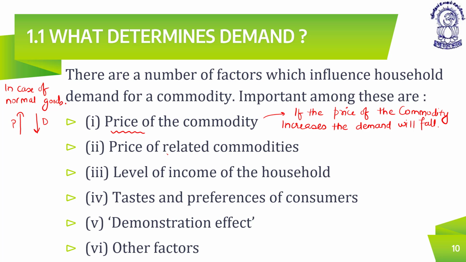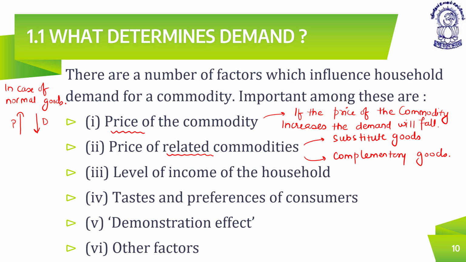Now over here, there are two types of related commodities. The first commodity is known as substitute good and another is known as complements or complementary. I'll explain you what is exactly the price of related commodities.